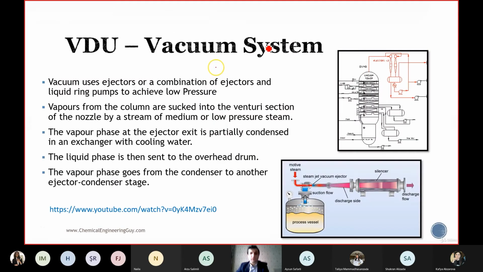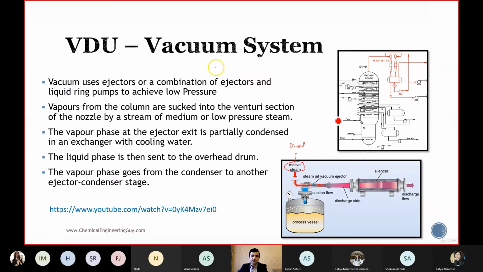Let's talk about the ejectors. What are the ejectors? Ejectors are the vacuum creating system. We use the steam. You can see motive steam. It can also be changed to diesel, the diesel product from the vacuum column.